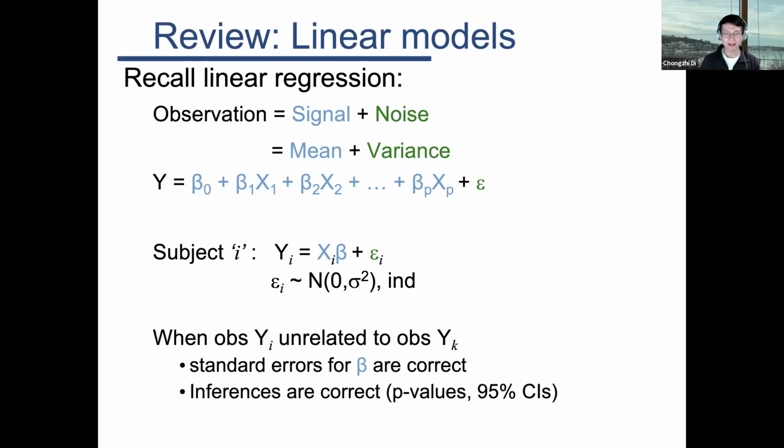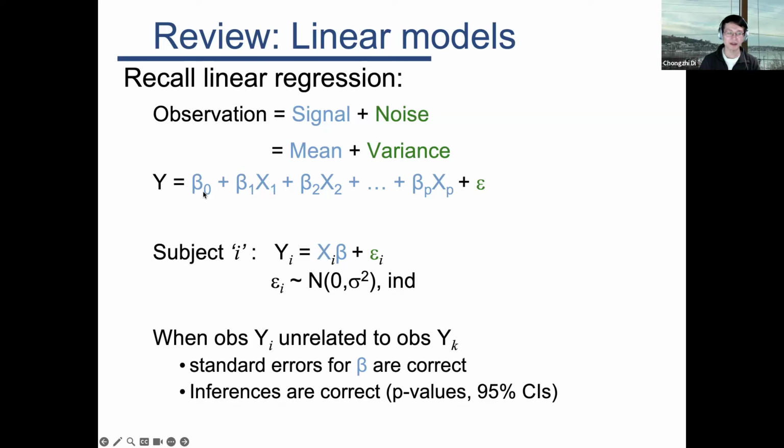Now let's look at how the correlations are represented. Let's first revisit linear regression. In linear regression, the models typically assume your observed data is signal plus noise. For the signal, we use a bunch of predictors to predict the outcome.